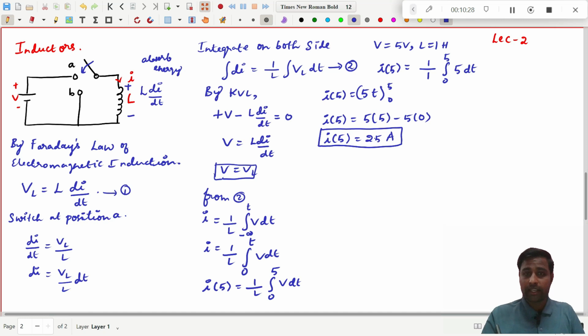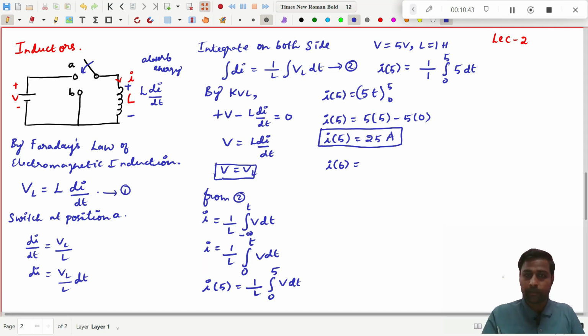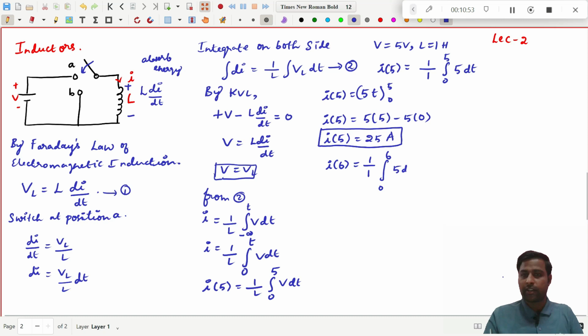Now what I really want to tell you here, you just try to find what is I at 6 seconds. If you want to find I at 6 seconds, go to this expression again and substitute. One by one, I'm just directly substituting the values. So this becomes 0 to 6 and this becomes 5 into dt, right?